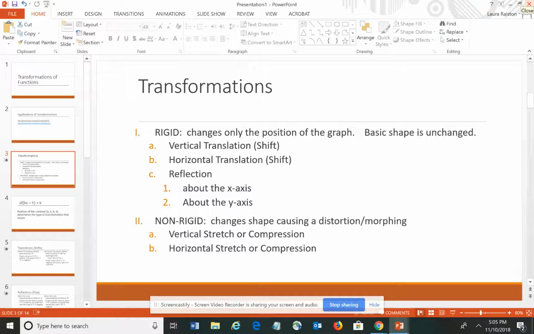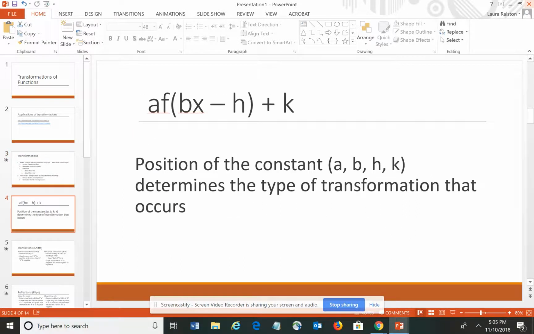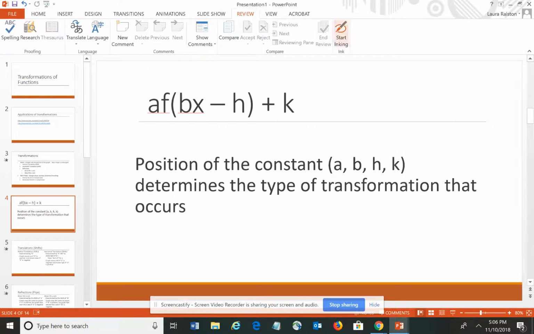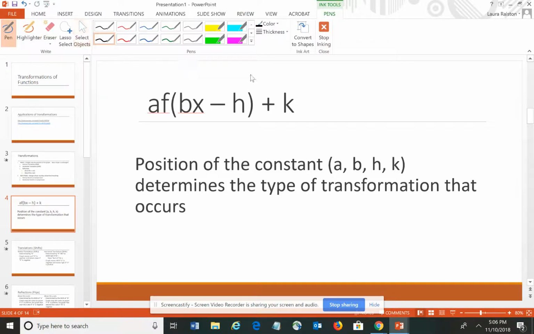And so if you have a function, basically all 6 of these transformations are controlled by 4 different parameters or constants. And the position of that constant in the function is going to determine which type of transformation is occurring. So in general, in a function, you have a times the function f of b times x minus h, plus k.